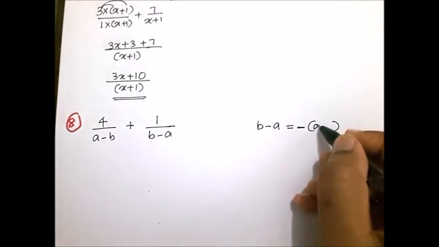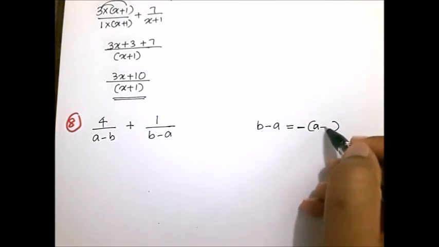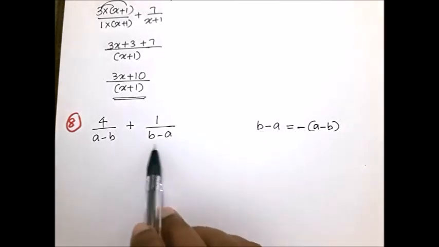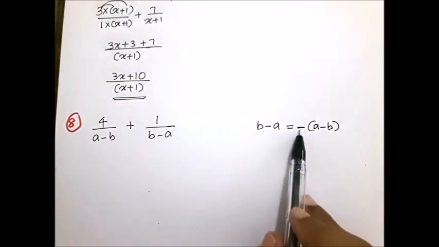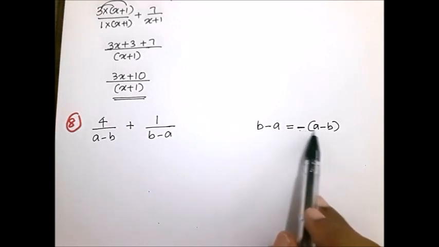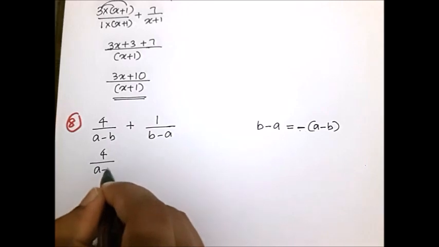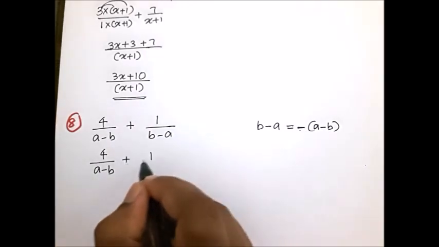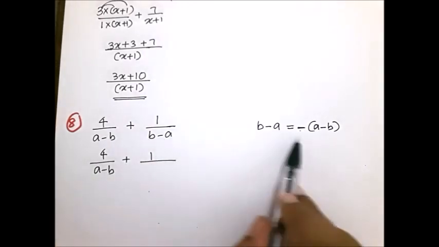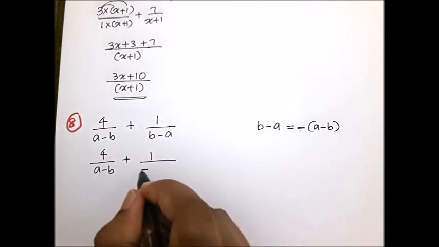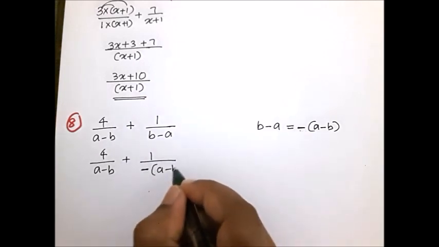Minus a becomes plus a and plus b becomes minus b. Instead of b minus a, you can substitute minus times a minus b. 4 over a minus b plus here, b minus a equals this term, minus times a minus b.